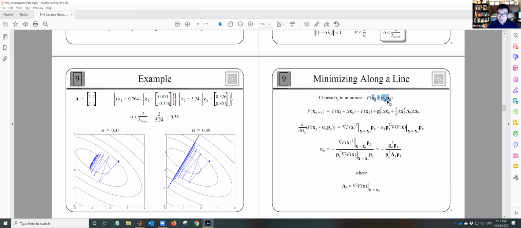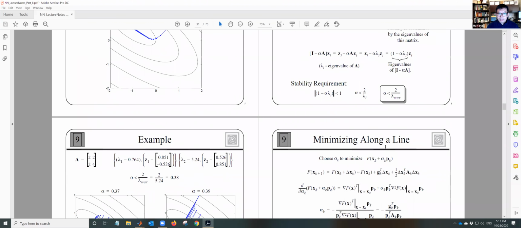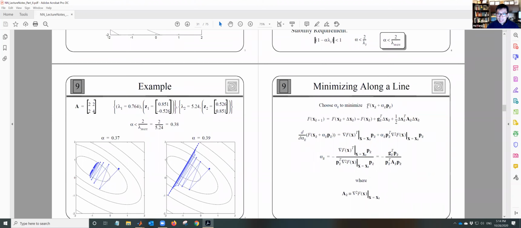After you search along the direction pk with the magnitude alpha k, where have you reached? You obviously reached xk plus 1, right? Agree? So xk plus alpha k pk equals xk plus 1. So f(xk plus 1) equals f(xk plus delta xk), but delta xk is alpha k pk.